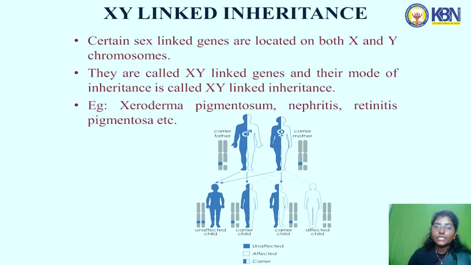But in XY-linked inheritance, both the X and Y chromosomes contain genes which can be inherited by offspring. These are XY-linked genes, and their mode of inheritance is called XY-linked inheritance.